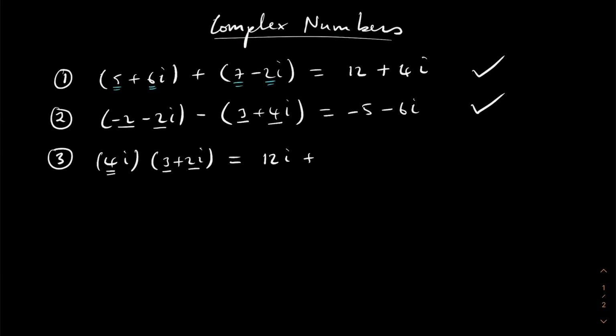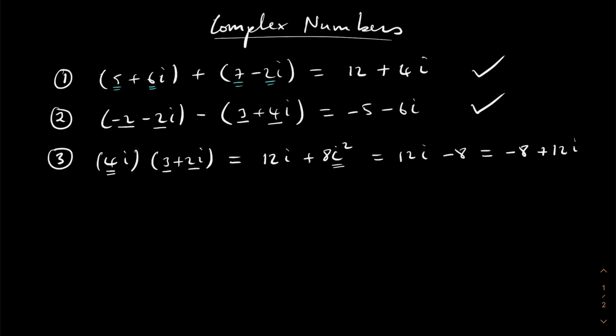That's going to give us 8i squared. And so our 12i is going to remain, but the i squared in front of the 8 is going to become -1. And so you're going to have here -8. And finally, you can write this complex number in a standard form, starting with the real part, then the imaginary part. And so you could have -8 plus 12i.